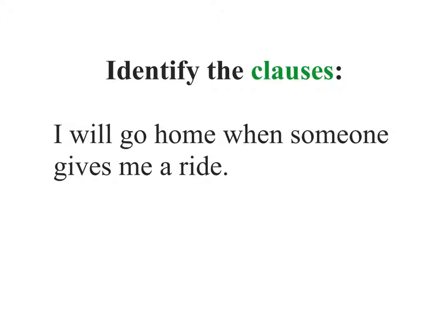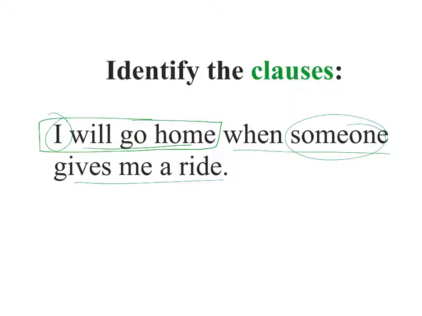And the last example. I will go home when someone gives me a ride. Now, unlike the other two examples, this one doesn't have a comma to give you a clue where the clauses separate. Here we have a clause, I will go home, subject, predicate, and here we have another clause, subject, predicate.